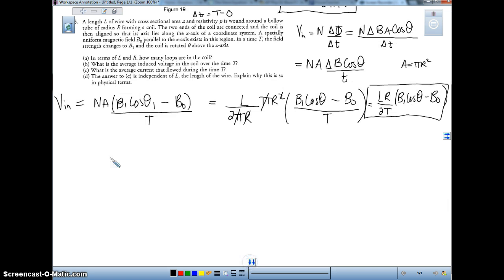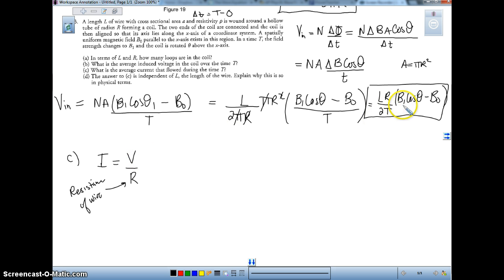So C says current. Current is going to be V over R, but there's no resistor here. This is going to come from the resistance of the wire, because it's a really long wire, so the resistance does matter at that point.